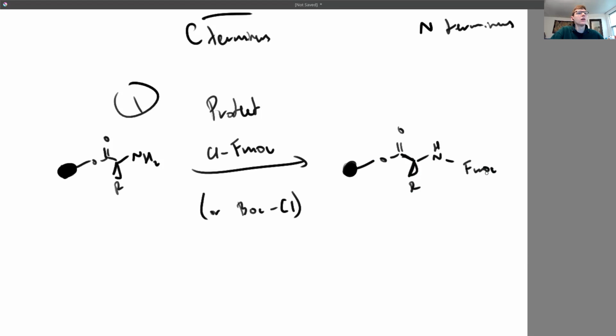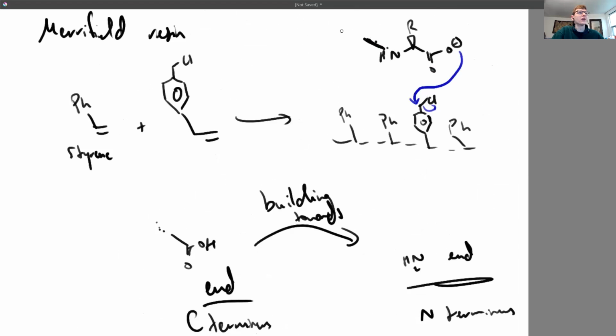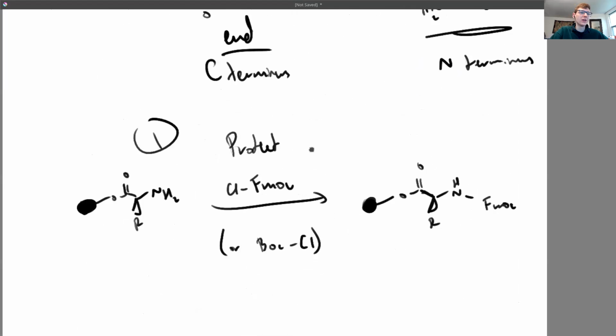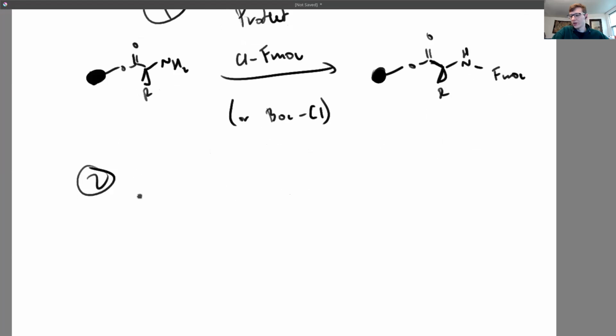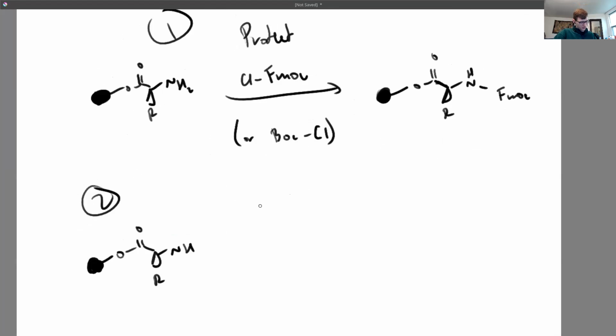Sorry, this should actually have had an FMOC on it. That would be why the nitrogen doesn't attack already, because it is the better nucleophile, but it has a protecting group on it. So if you have a long chain, then you want to protect, and then two, although maybe I have this order kind of wrong.